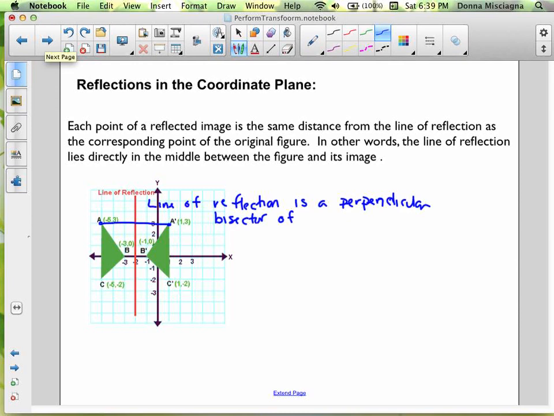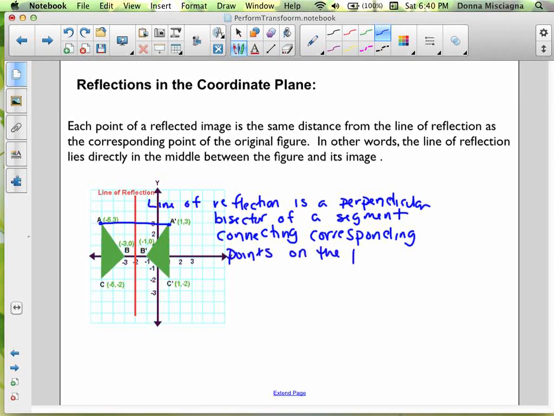So it's a bisector of a segment connecting corresponding points on the pre-image and image. All right, so a little reminder there.